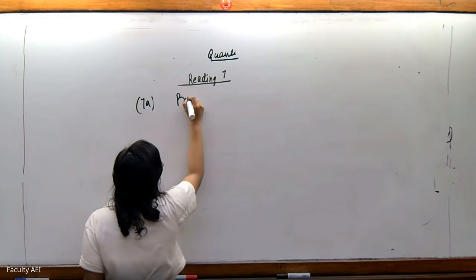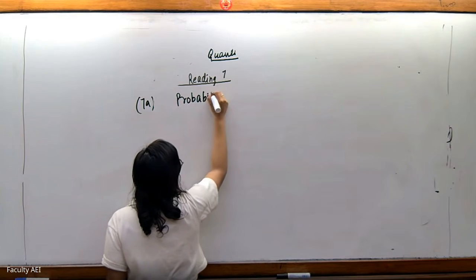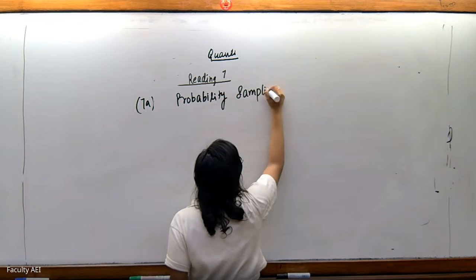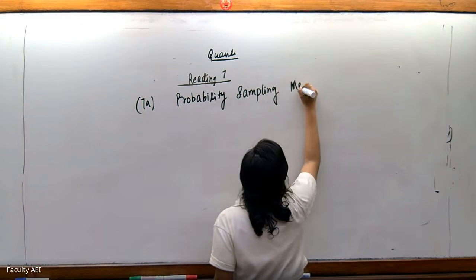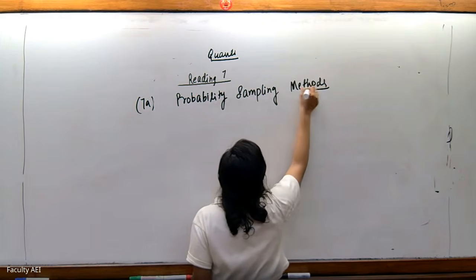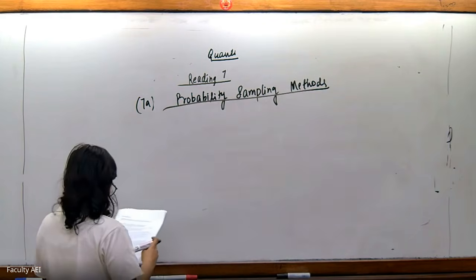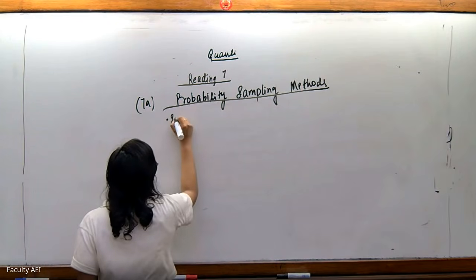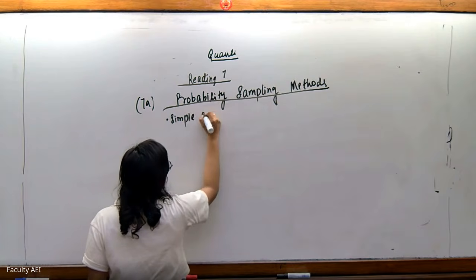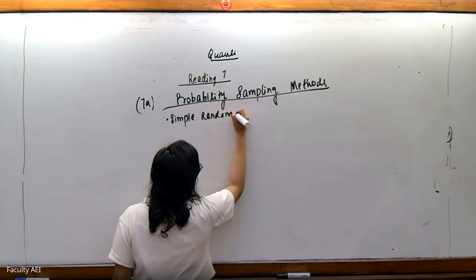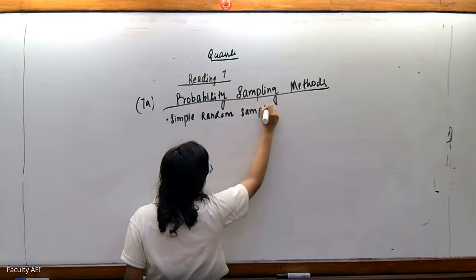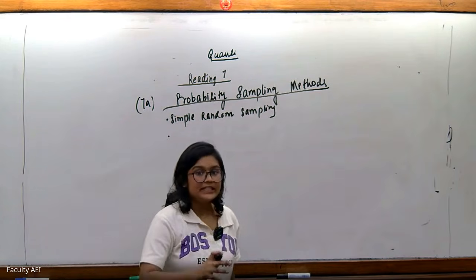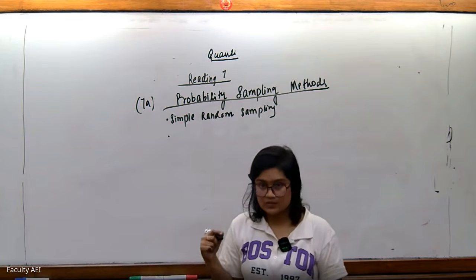So first, the probability sampling methods. The first method is simple random sampling. Simplest of all, that is, you are randomly picking out samples from your overall population.